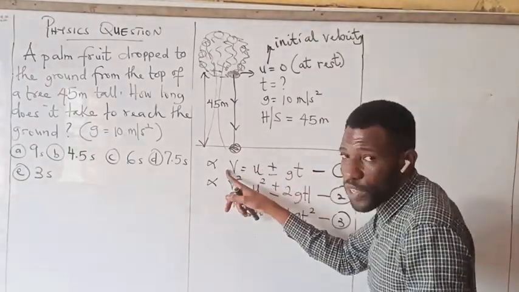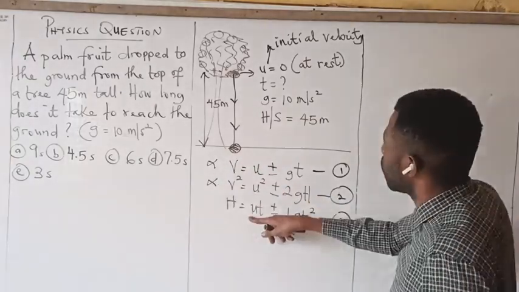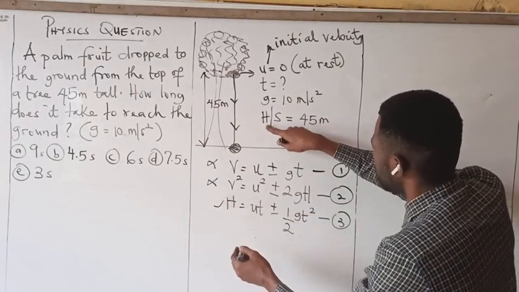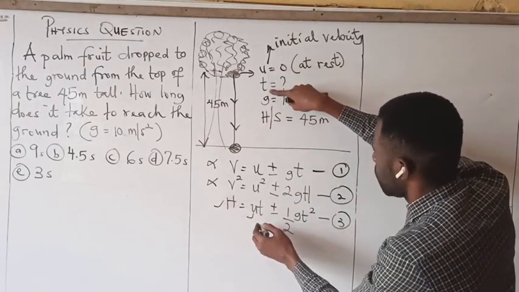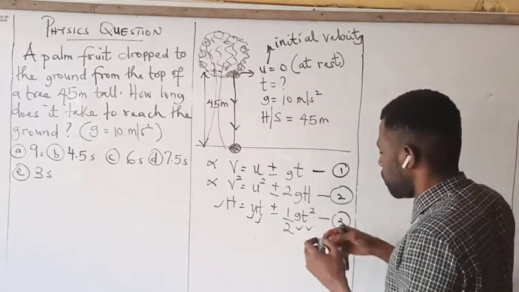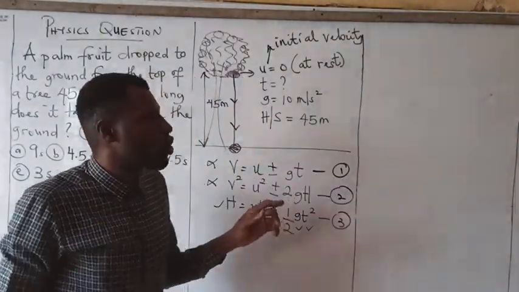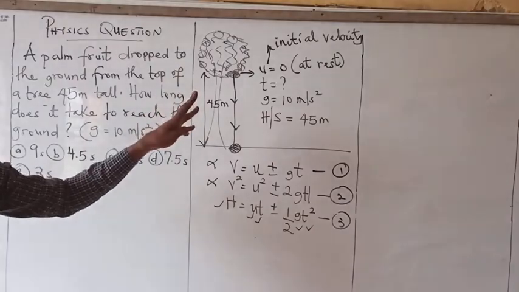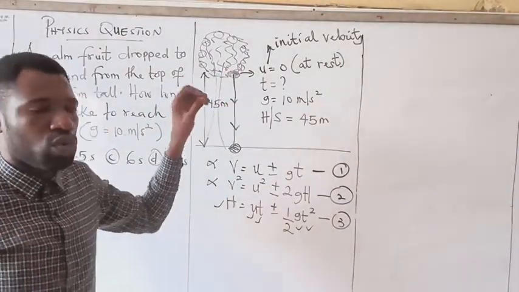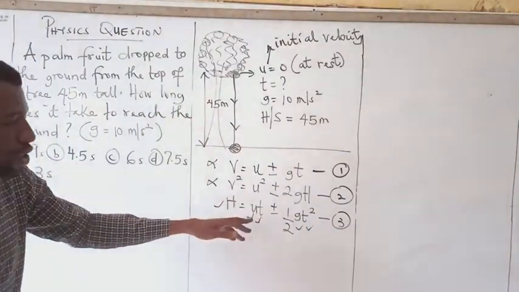But look at the third one: there is h present, there is u present, there is g present and there is t present. So we go with equation 3. As long as the equation contains the four parameters, it's okay for you to use that equation.